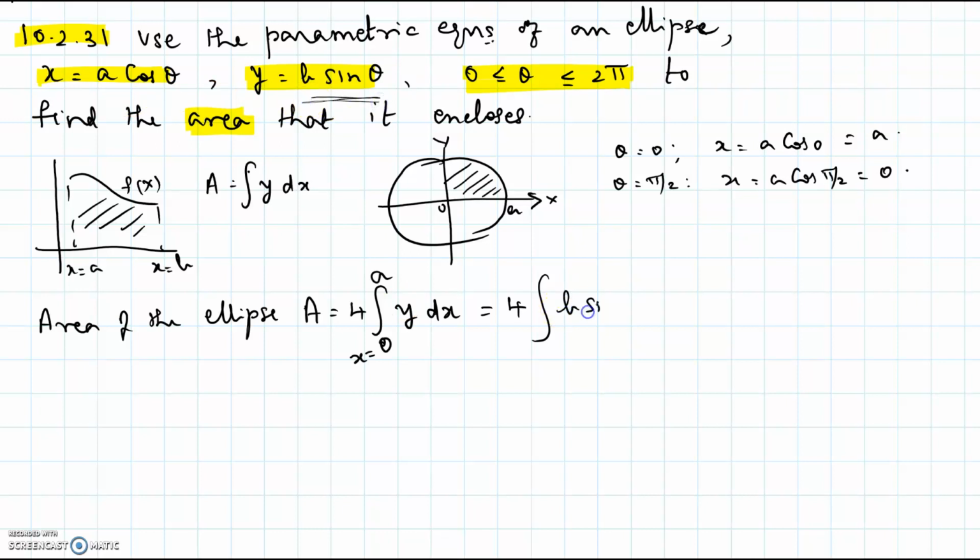So y equal to b sine theta, and as x is given to be a cosine theta, dx is negative a sine theta d theta.